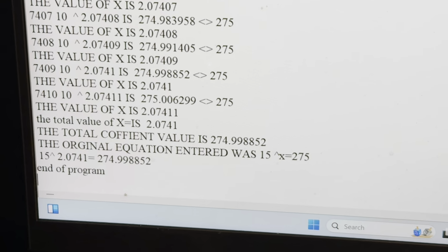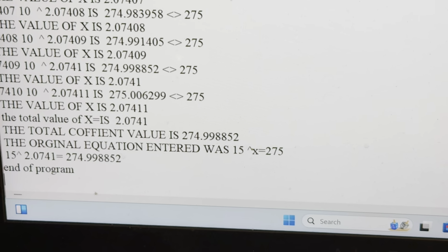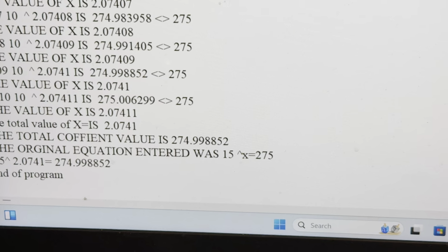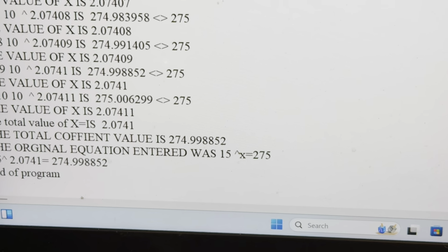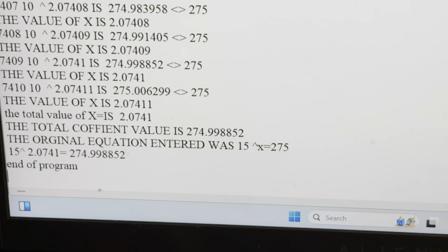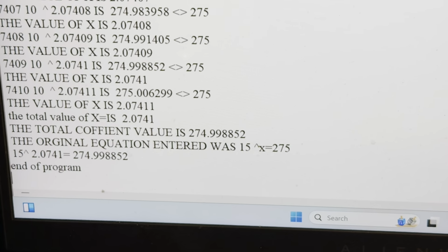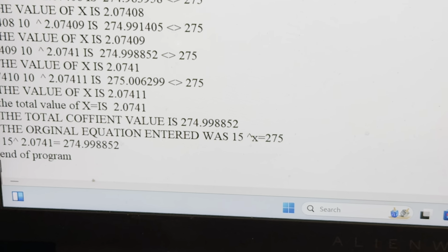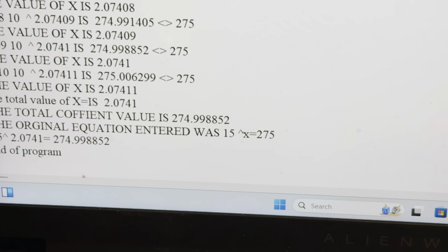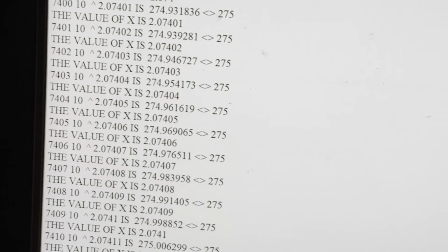Okay, so the total coefficient value it comes up with is 274.99852. The original value was 275, so that's very close. So 15 raised to 2.0741 equals 274.99852. Let me do that with my calculator to see if it's correct.